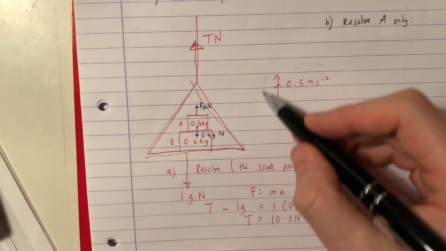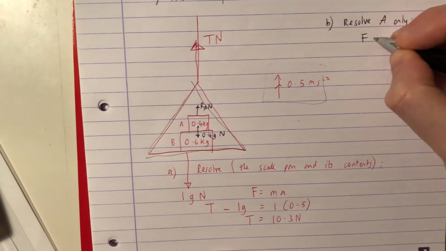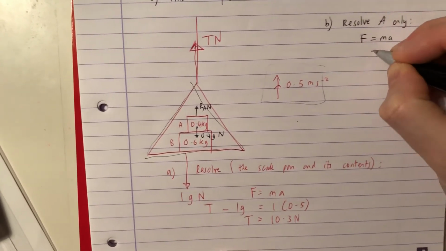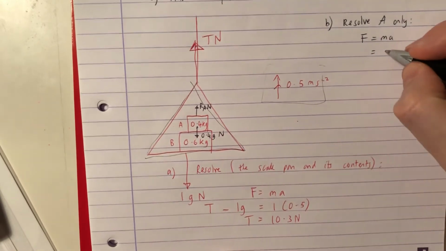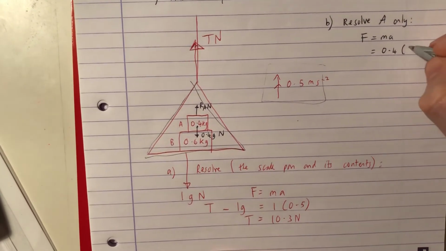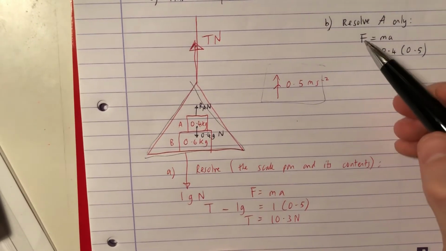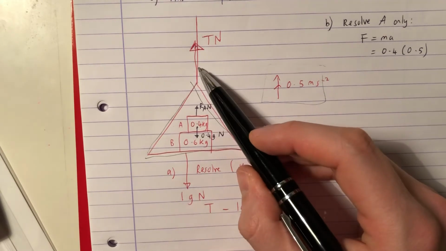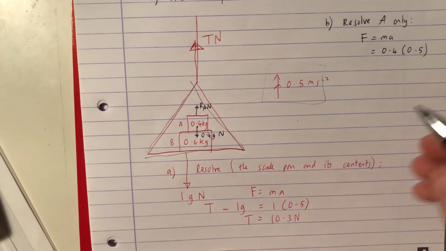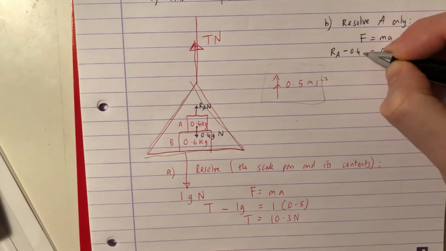But remember, this object is accelerating. So F equals ma. Mass of object A is 0.4. Acceleration of object A is 0.5. And now the resultant force is the force going with the motion, subtract the forces resisting it. So Ra subtract 0.4g.